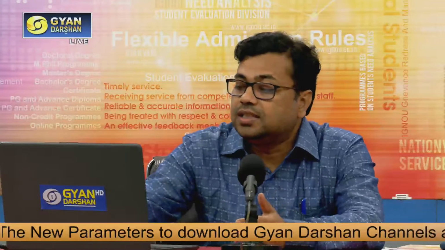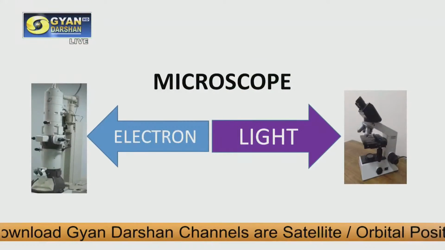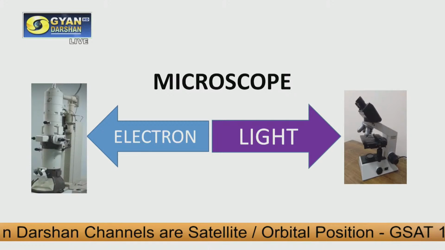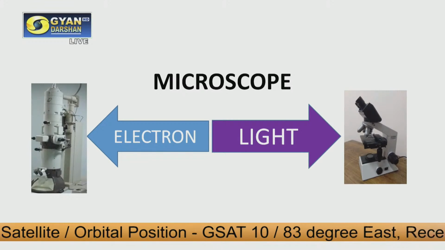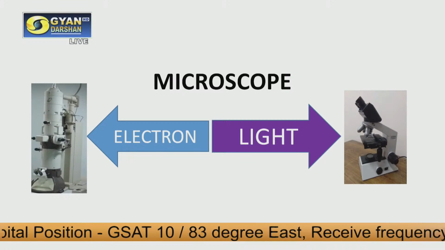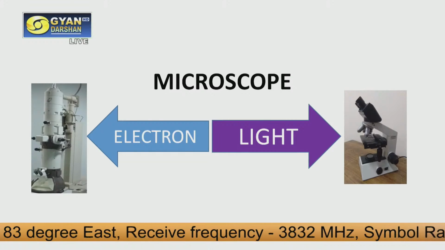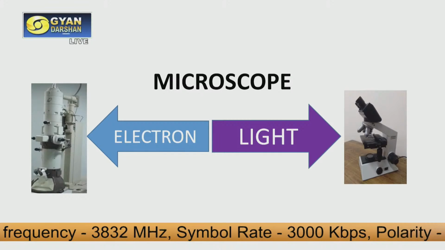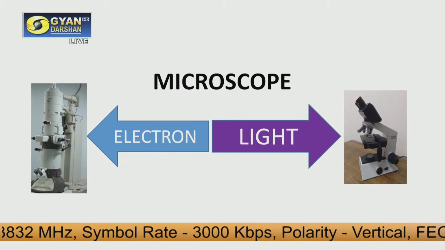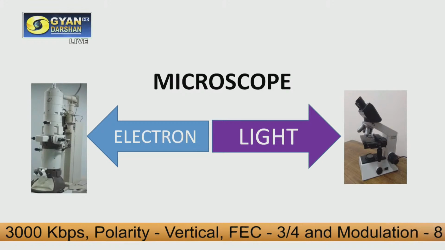So why do we need electron microscopy? Firstly, microscopes are of two types based on the source of illumination of the image: light microscopy and electron microscopy. The microscope that uses electrons is called the electron microscope, and the microscope that uses a light source to illuminate the sample is called light microscopy.